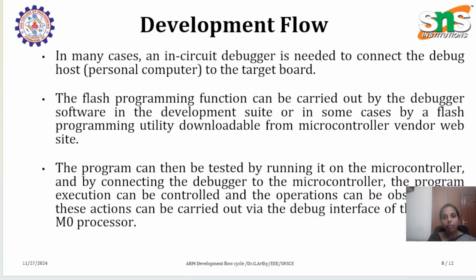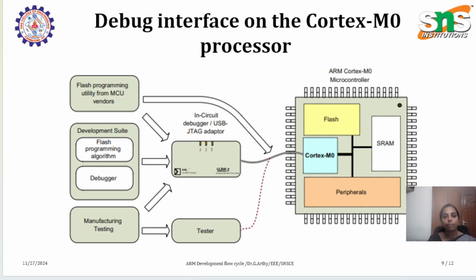The program can then be tested by running it on the microcontroller and connecting the debugger to it. The program execution can be controlled and the operations can also be observed. All these actions can be carried out using the debug interface of the Cortex M0.